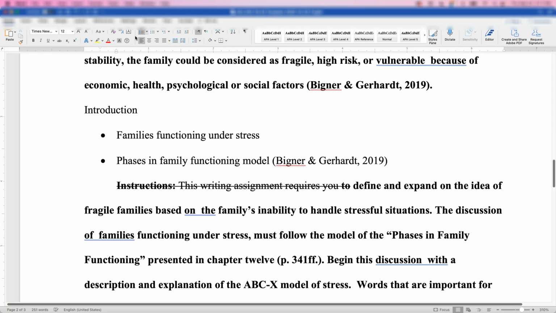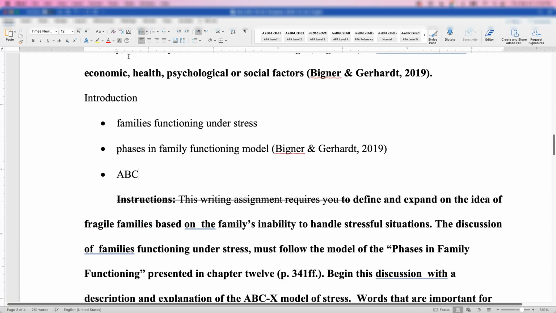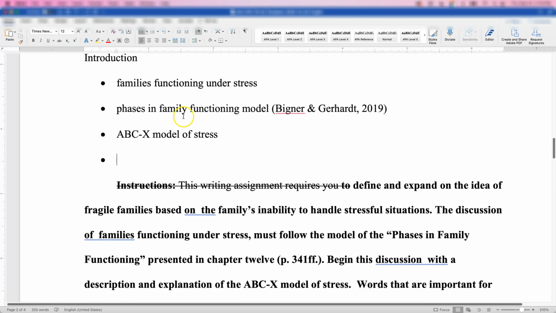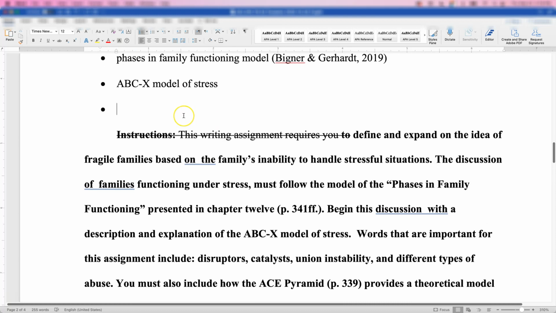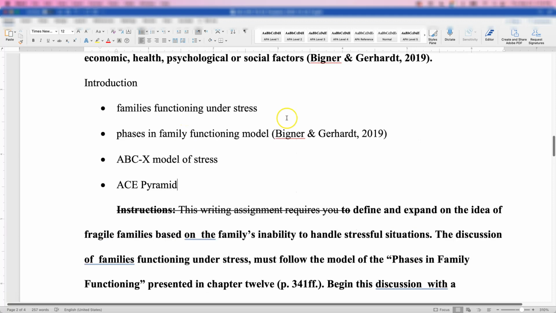So if you know that you're going to be citing a specific source when you're working on your outline, just go ahead and put that in right now. And I know I'm going to have to be mentioning the ABCX model of stress, and also need to be discussing the ACE pyramid.